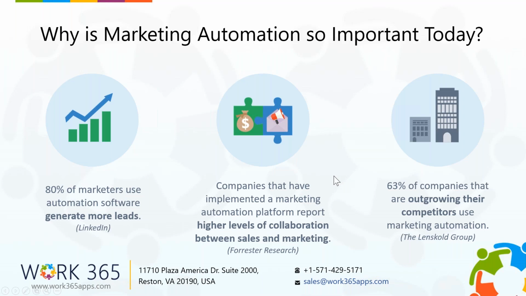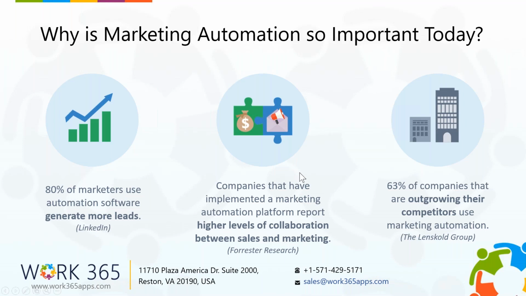So look at some of these stats here. I think this is pretty interesting: 63% of companies that are outgrowing their competitors use marketing automation. That's the last stat on this slide. So 63%, and we had a 60-40 split on our poll, Ismail. Hopefully those 60% that answered yes are outgrowing their competition with the use of their platform.